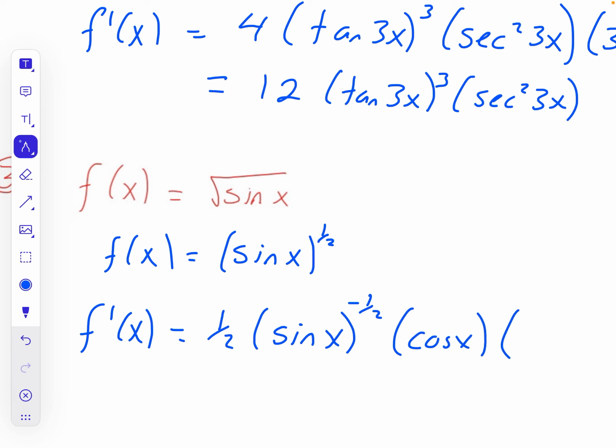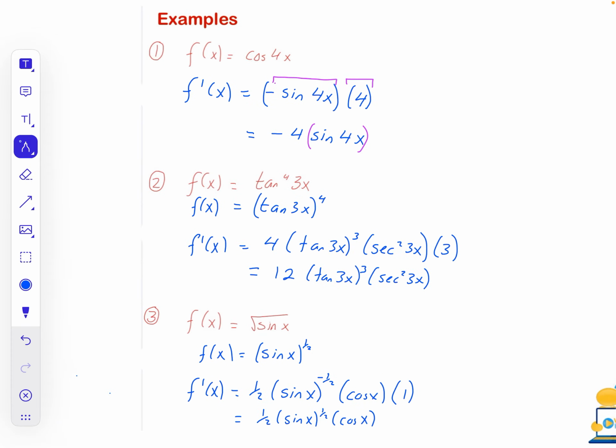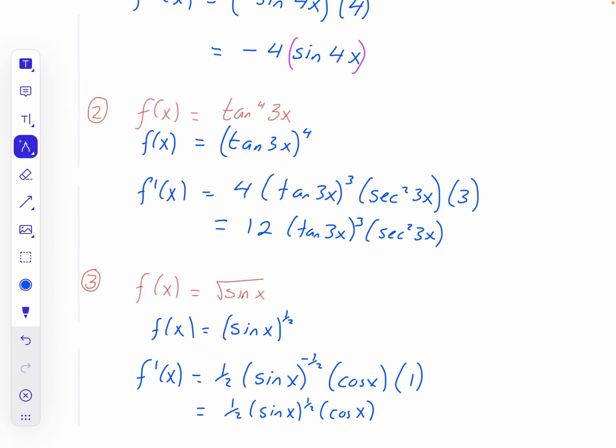So it's going to be cos x. Now my last step: I differentiated the trig function, now I need to differentiate the angle. When I differentiate x, I just get 1. So that's a half sine x to the power of minus a half cos x.